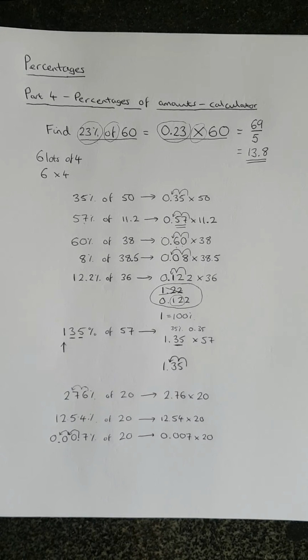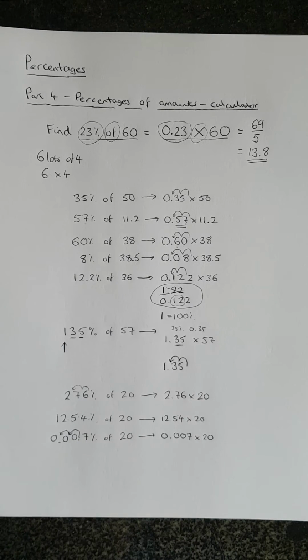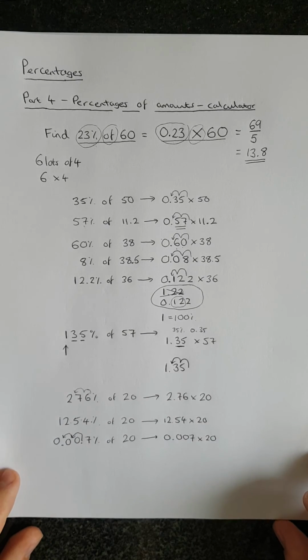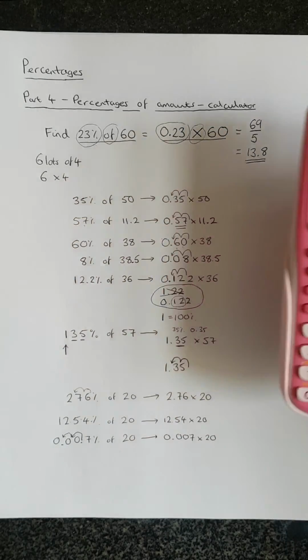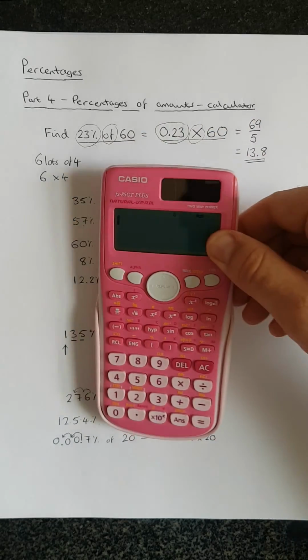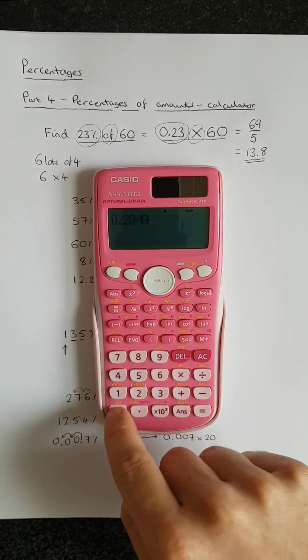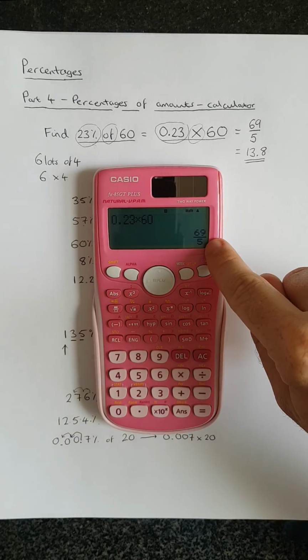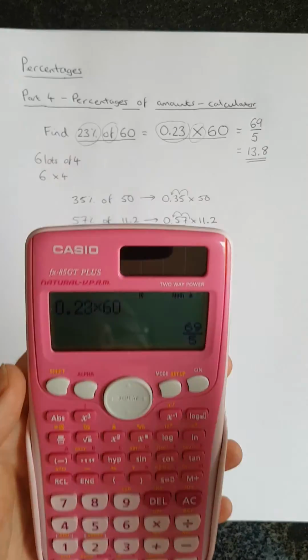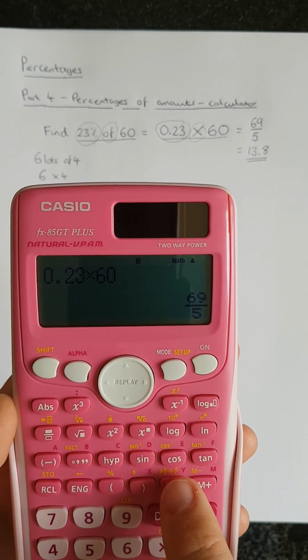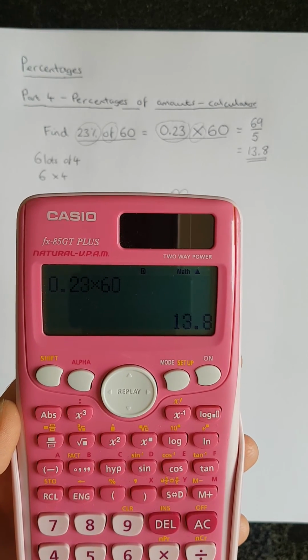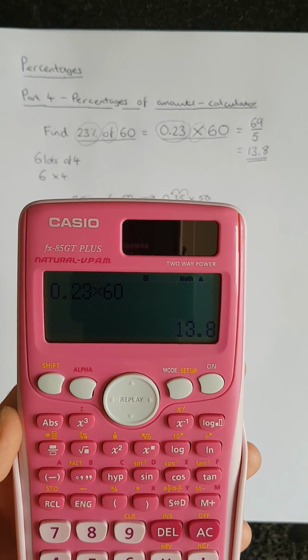So 2 jumps to the left, turn it into a multiply. That's how we're going to use a calculator to find percentages of amounts. And as we found earlier, and I'll show you again, if we get a fraction like so, what we do is we press the S to D button here, and it converts it into a decimal.